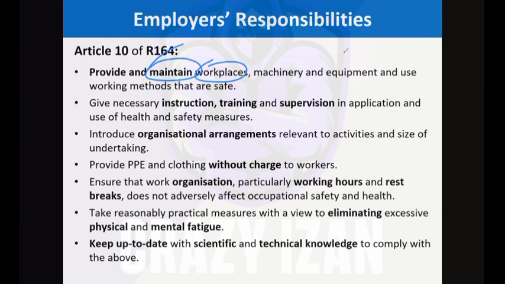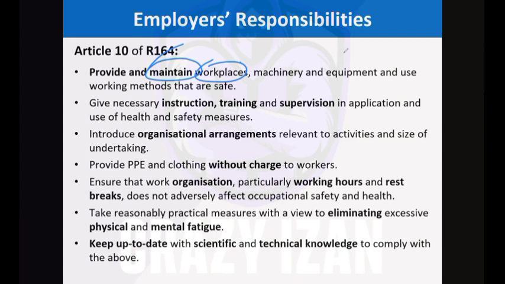So if there are objects lying around, there is no housekeeping being done, and oil, etc., is spilled on the floor, it means the employer has failed to provide and maintain a safe workplace. Okay. So the employer's responsibility is to maintain a safe workplace, which he has failed to do because there is oil spilled on the floor, or poor housekeeping is observed at the work site. So that is something which is in breach of the employer's responsibilities.